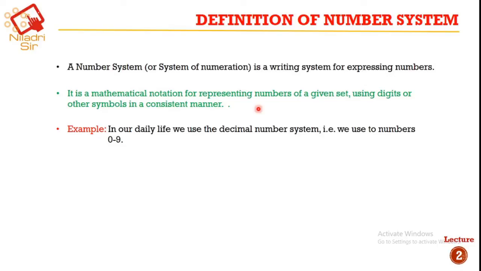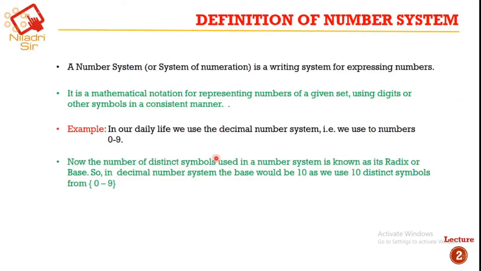After 9 comes 10, and 10 consists of 0 and 1. So from 0 to 9, these 10 distinct digits are there. The decimal number system has been made by using these 10 distinct digits. That is why it is called the decimal number system.